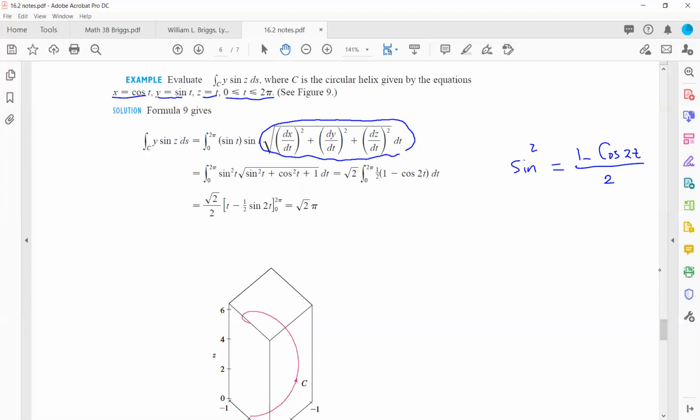So here you have square root of 2 divided by 2, then the integral of 1 with respect to t is t, minus the integral of cosine 2t, which is a half sine 2t. Since you have subtraction in between, you plug in 2 pi, then you plug in 0. Don't worry about 0, you have t, and sine 0 is just 0. So the integral of this function along this curve is square root of 2 pi.